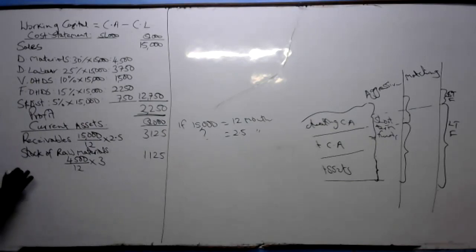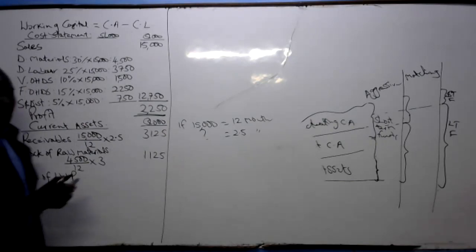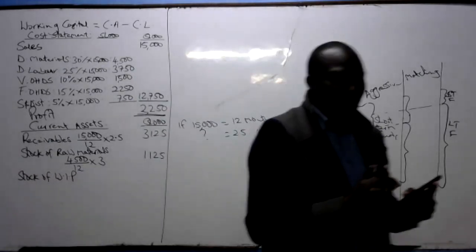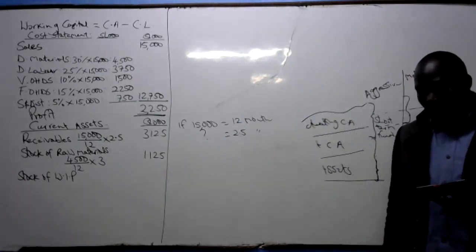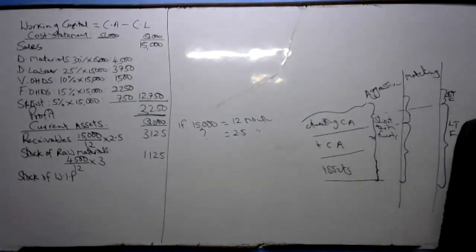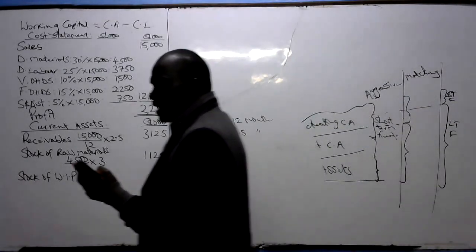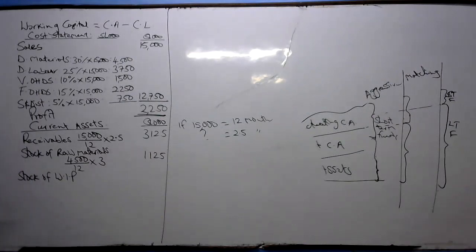We also need the stock of work in progress. Kwa stock of work in progress, note number 3 imetuguide. Kwa note number 3 tumeambiwa that the work in progress and finished goods are valued at material, labor, and variable expenses.